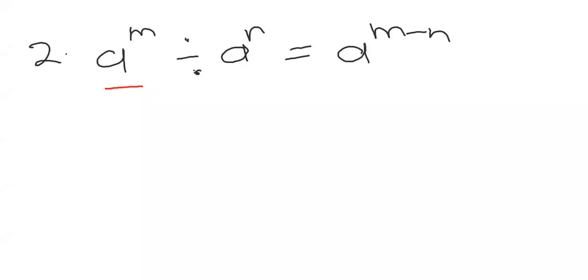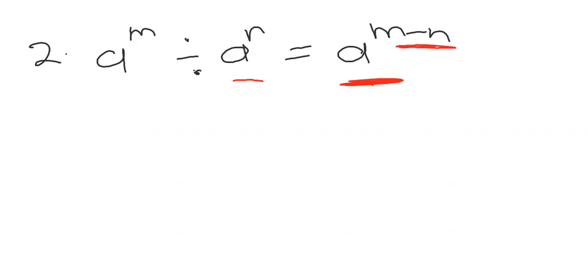Our base here is a, our base here is a. So our final answer should have a base of a. So what this means is, if your bases are the same and you are dividing, your answer should have the same base, but then you should subtract your powers.